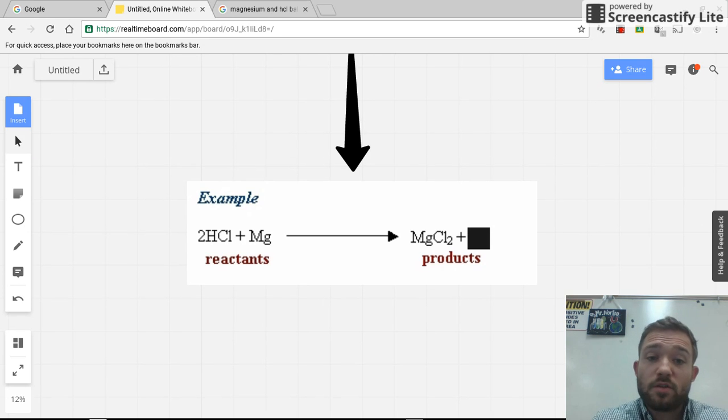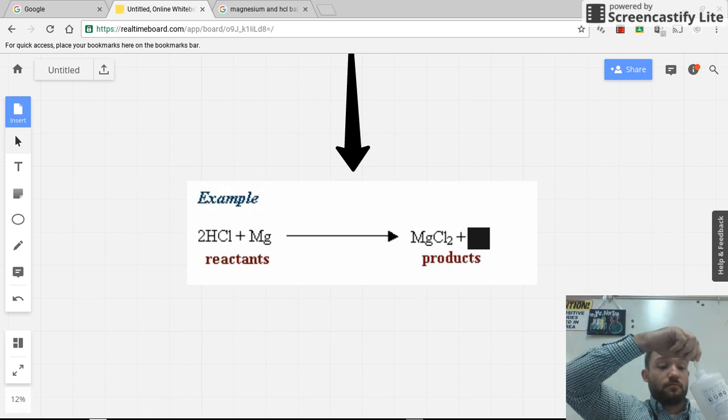What I'm about to show you is the reaction between hydrochloric acid and magnesium. And all I need is a test tube with a little magnesium, my hydrochloric acid, and a dropper. This is nasty stuff. You don't want to touch it.